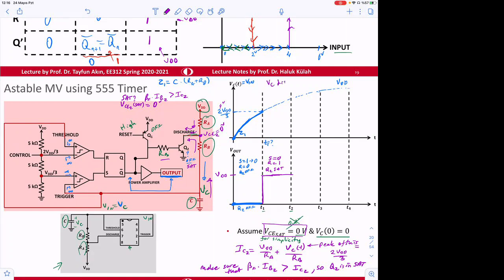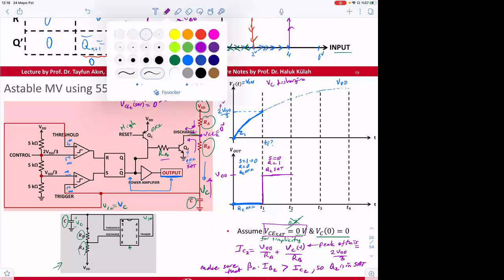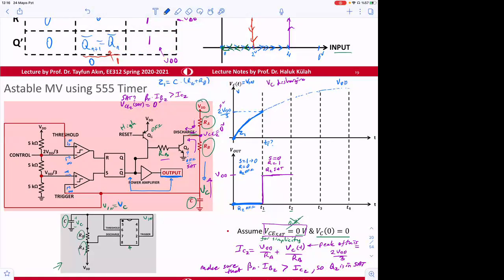Here it was charging, but now the condition changed and the capacitor will start discharging. What is the goal of the capacitor? To make the current 0. So then the current goes through RB. So the goal of the capacitor is to reach 0.